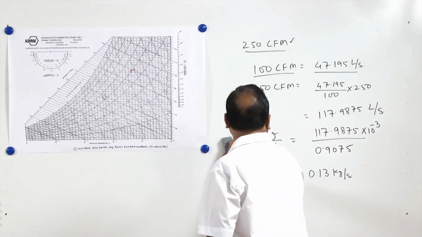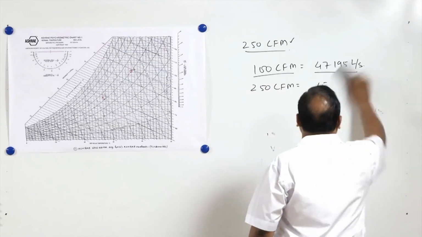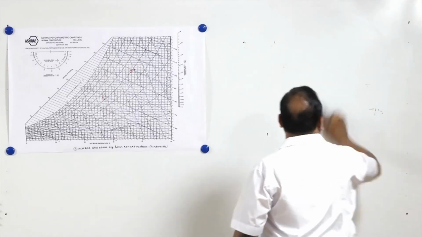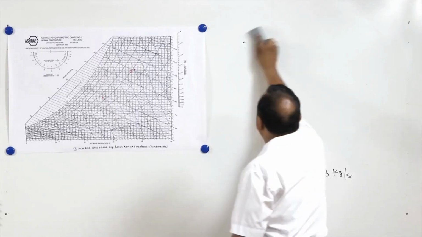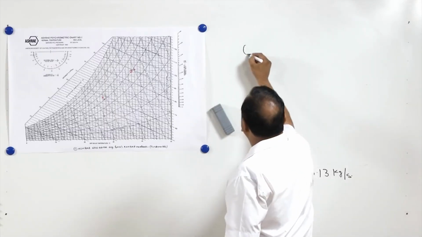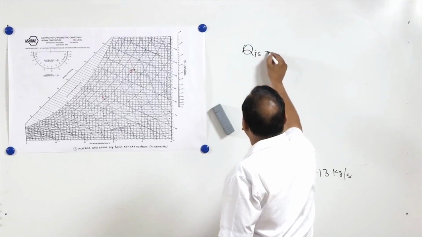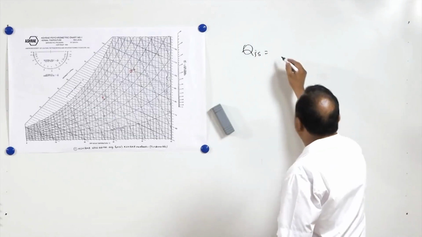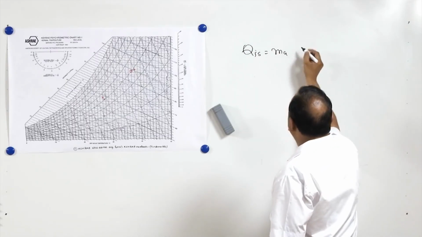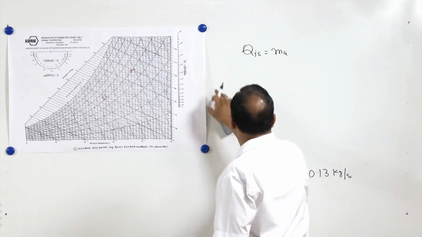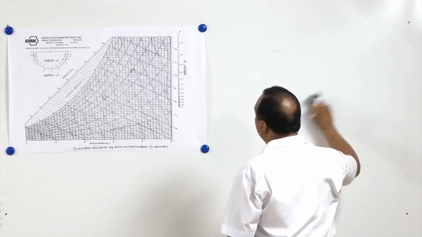Now the latent heat and sensible heat associated with this mass flow rate shall come into the room in the form of infiltration. So sensible heat Q infiltration sensible is equal to mass flow rate of air. Sorry, we will get it directly from here. We need not do this.